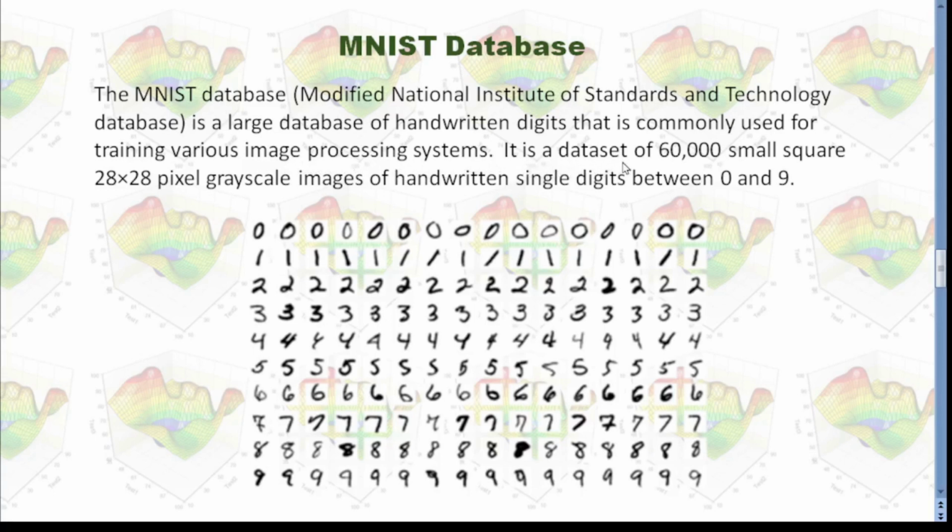It is a data set of 60,000 small square 28 times 28 pixel grayscale images of handwritten single digits between 0 and 9. Look like this. Now, let's go to Python to check out all those images.